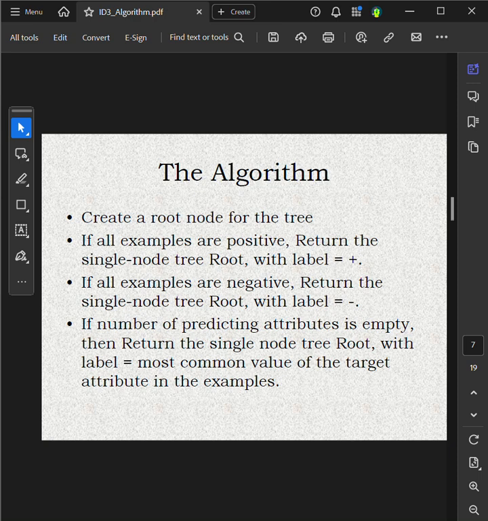So here is how the algorithm is made step by step. Create a root node for the tree. If all the examples are positive, the tree returns a single node labeled plus. If all the examples are negative, it returns a single node labeled minus. If no predicting attributes are left, the root node is labeled with the most common target value. Moving on.